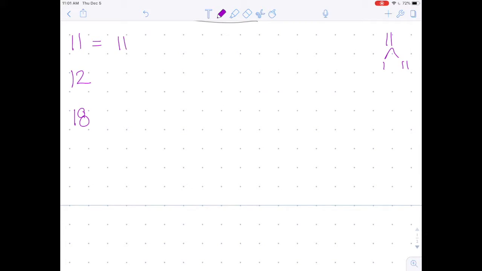If we've got 3 numbers, then it's going to get a little more complicated. Let's say we've got 11, 12, and 18. Okay, let's break down 11. Well, factors of 11 are 1 and 11, so that's it.